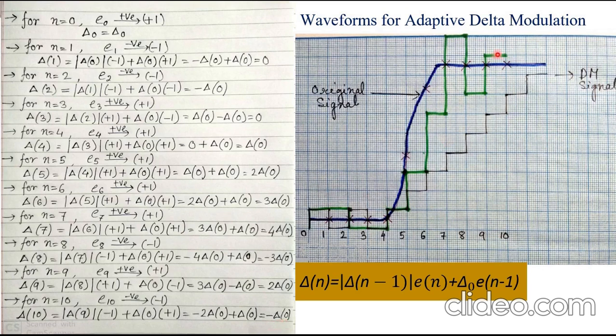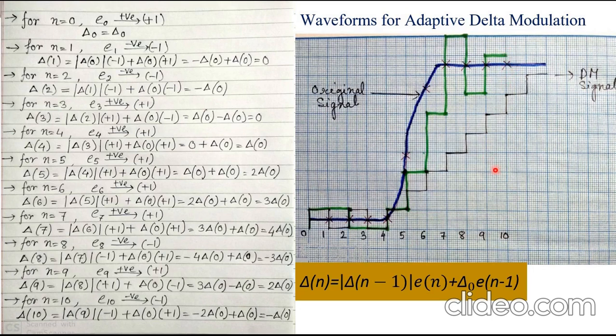Okay. Now the result will be minus delta 0, so now this is what having minus delta size like this. So this is how we keep on repeating in delta modulation.